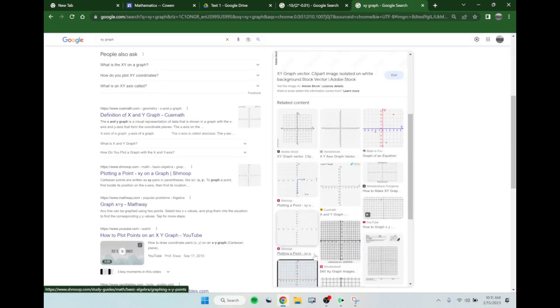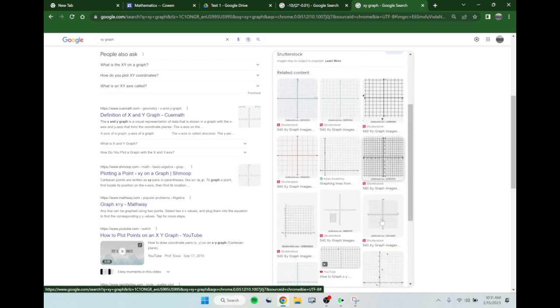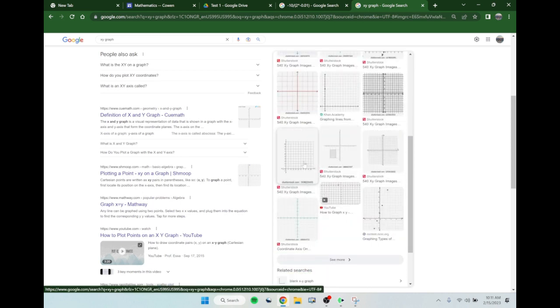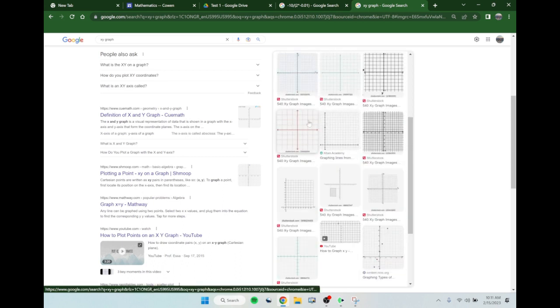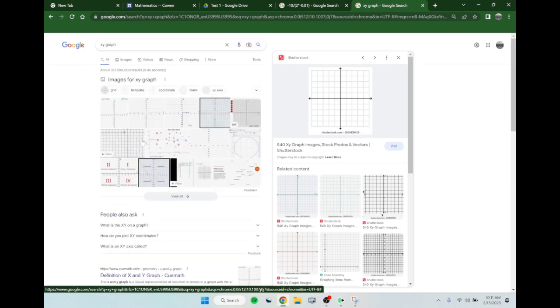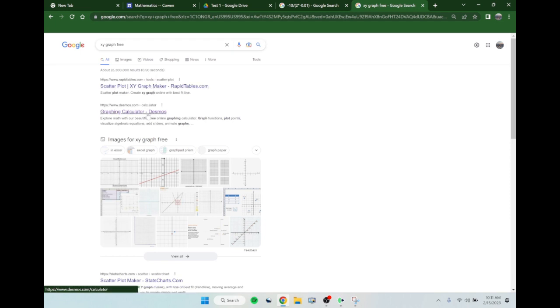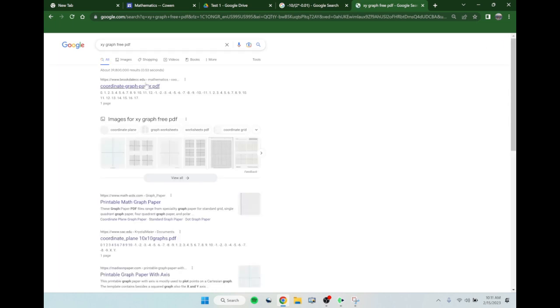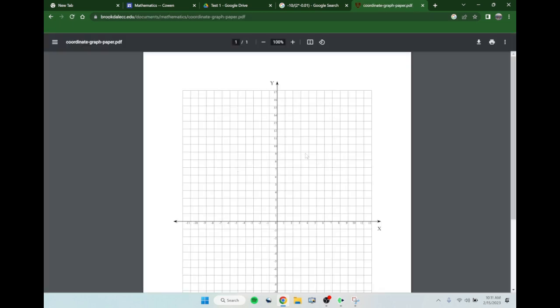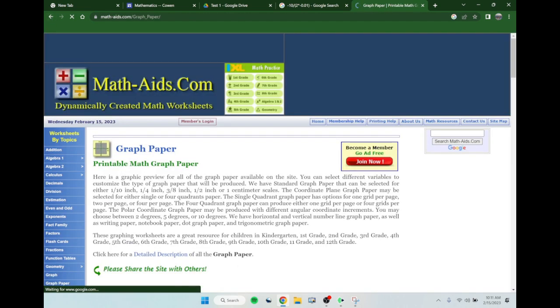I need a blank one so I can make the labels myself. Is that good? Sorry, I'm taking too much time. Why is it so hard to find a graph? XY graph 3. PDF. Oh, that only goes to 12. There it is.